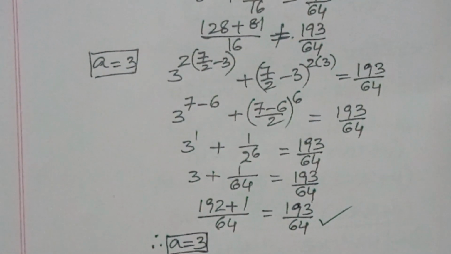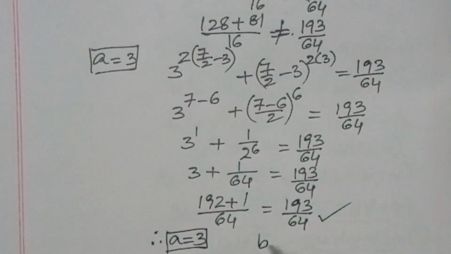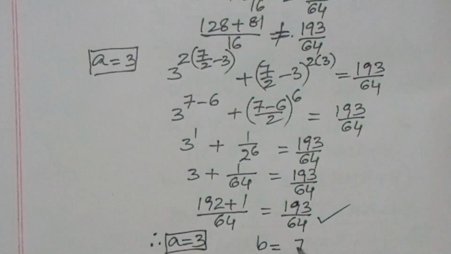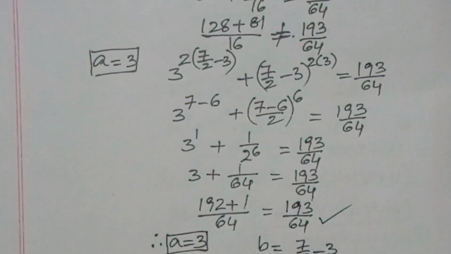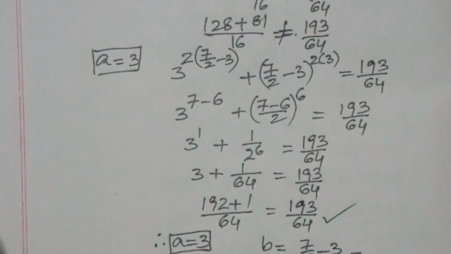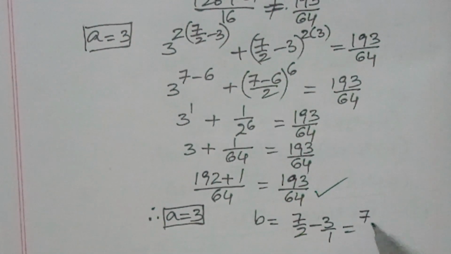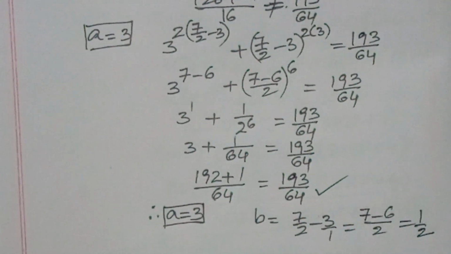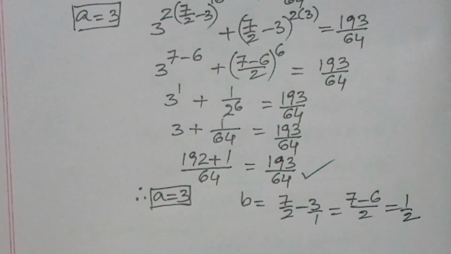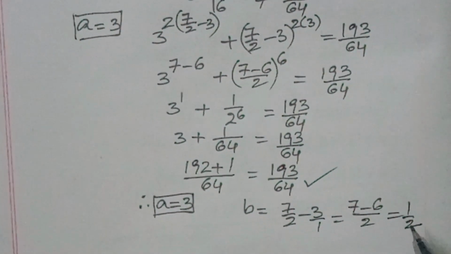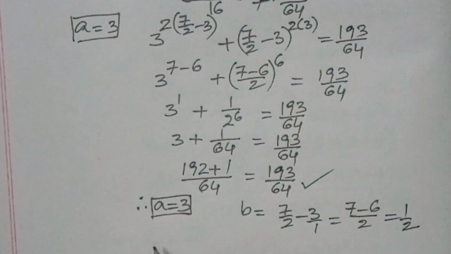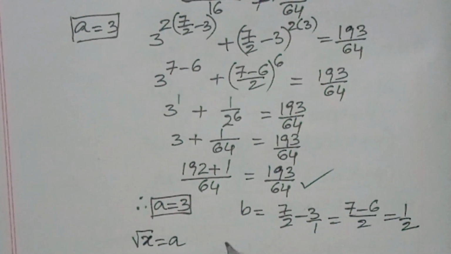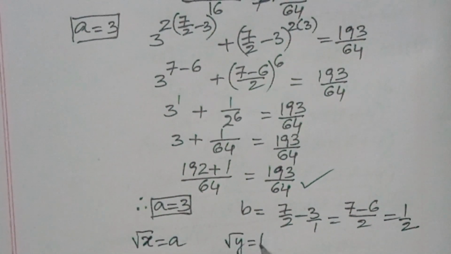If a value is 3, then b value will be 7 by 2 minus a. You will get 7 minus 6 by 2, which is 1 by 2. So a value is 3, b value is 1 by 2. Now root x is equal to a and root y is equal to b.